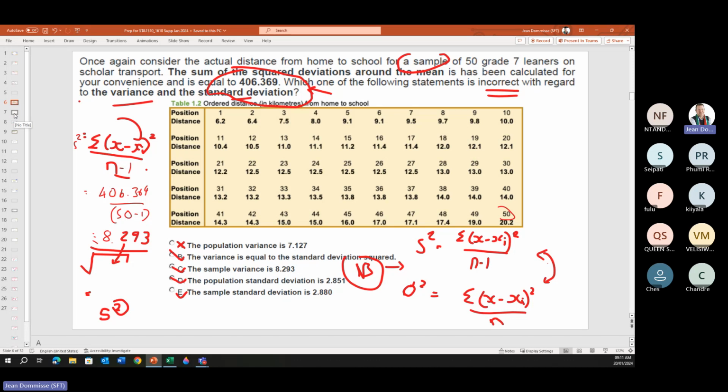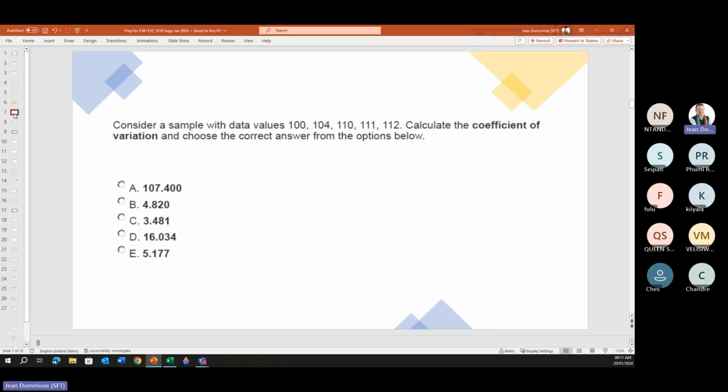Okay, then we go into the next one. Now we're getting a question around the coefficient of variation. We've got 5 numbers, and they ask us the coefficient of variation.